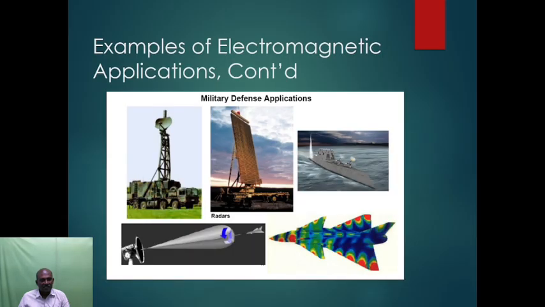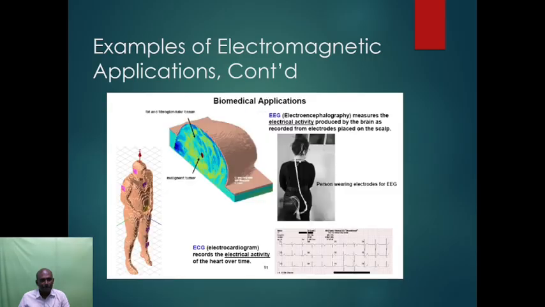In defense applications, and also biomedical applications involving living things, it is due to electromagnetic waves. Using electromagnetic waves, so many outputs, the results given by the machine, are analyzed by the electromagnetic parameters only.